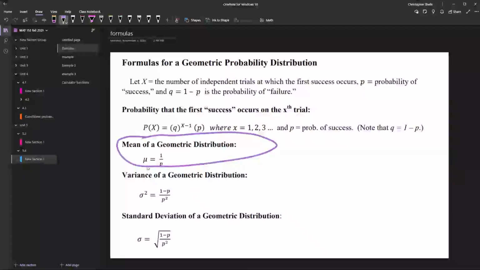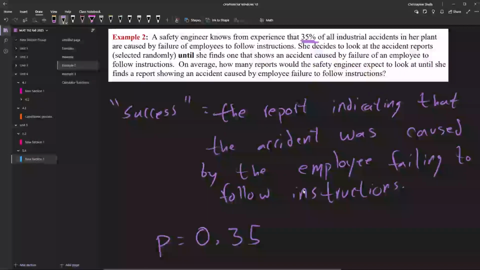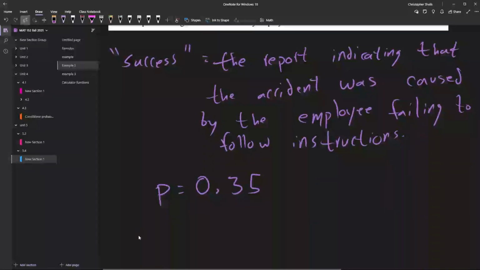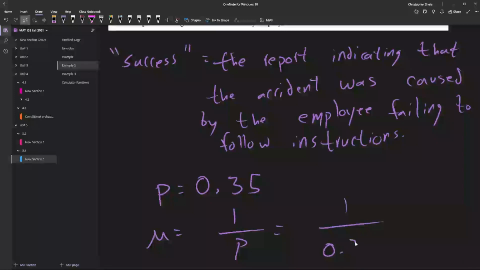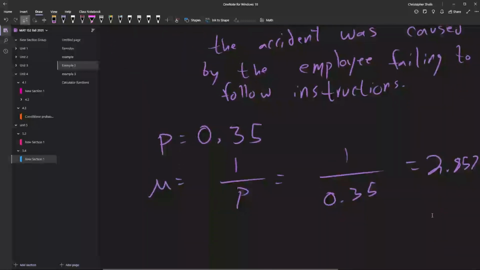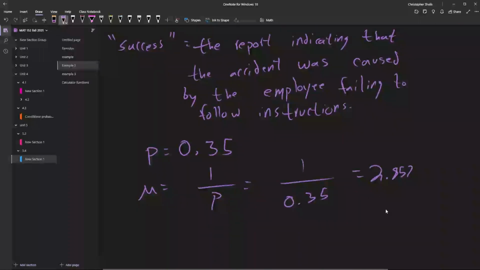So mu is 1 over p. This is 1 over 0.35. And this gives us 2.857. You can't have 2.857 reports, so we'll say about 3 reports. We'll round up.